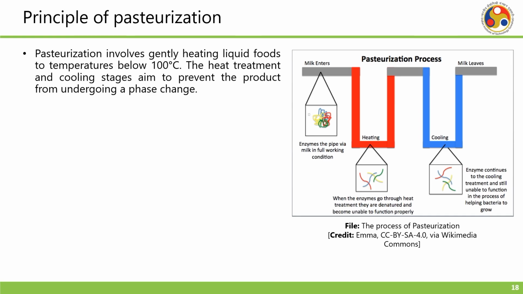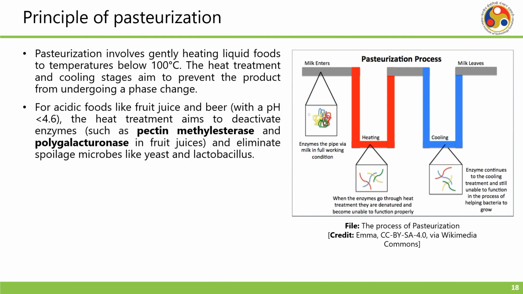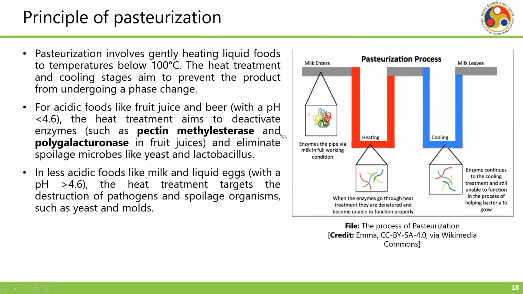The heat treatment and cooling stages aim to prevent the product from undergoing a phase change. For acidic foods like fruit juice and beer with a pH of around 4.6, the heat treatment aims to deactivate enzymes such as pectin methylesterase and polygalacturonase in fruit juices and eliminate spoilage microbes like yeast and some of the lactobacillus.